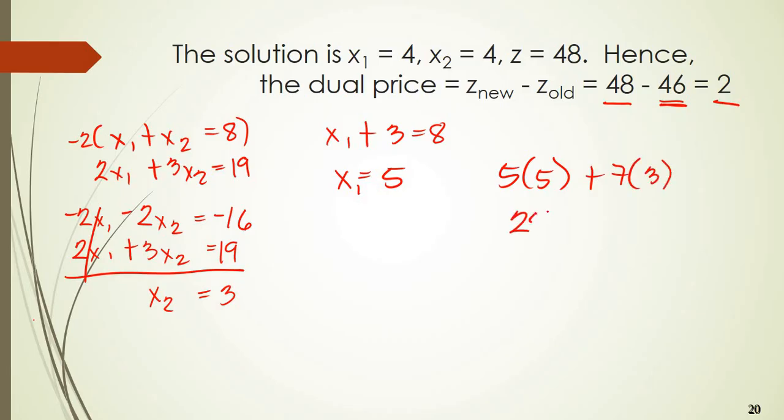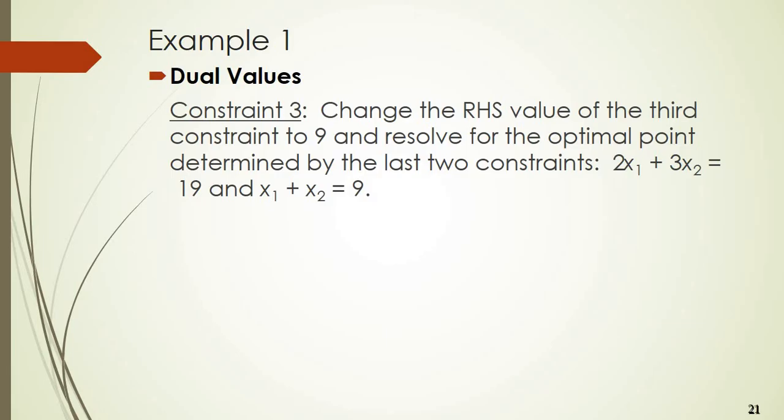That would be 25 plus 21, which is 46. So that is the value of our old objective function, 46. If we subtract these two, that becomes 2. Okay, next one. We'll proceed with constraint 3.